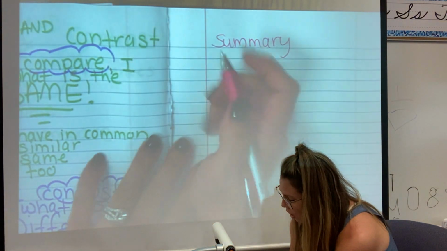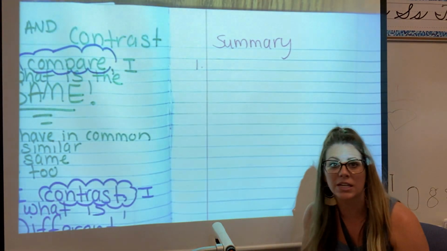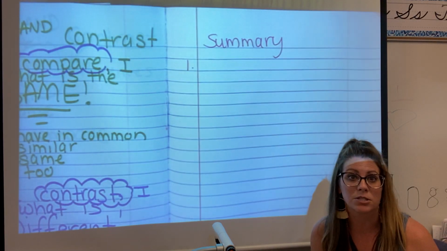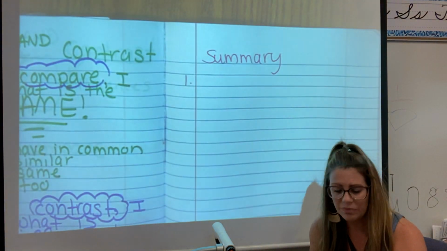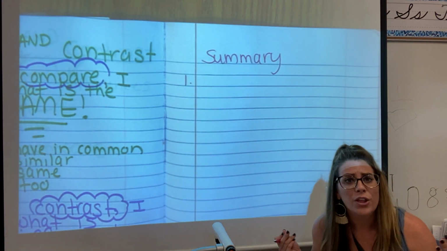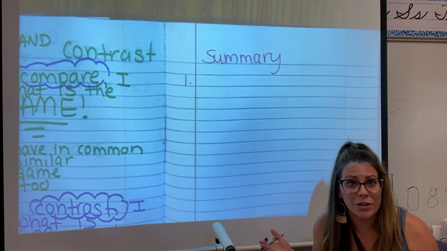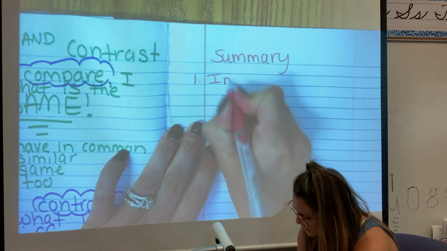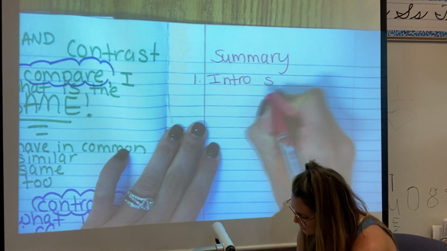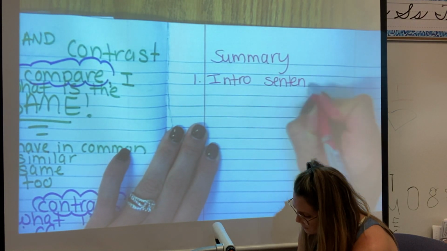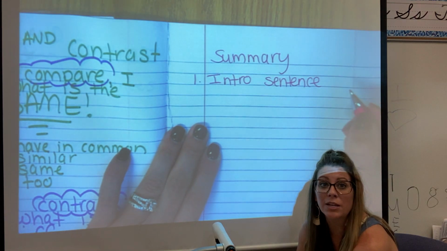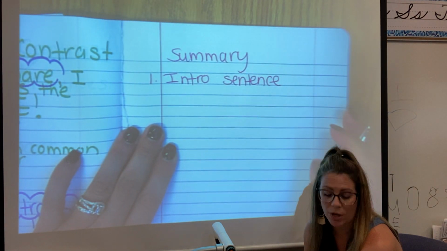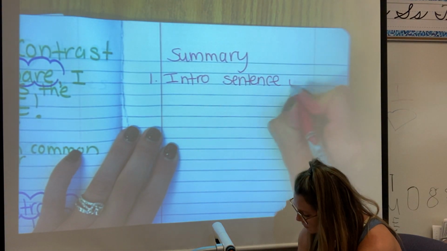So you always need to introduce the books. So you are going to have something called an intro sentence. And you need to make sure that you include the book titles.